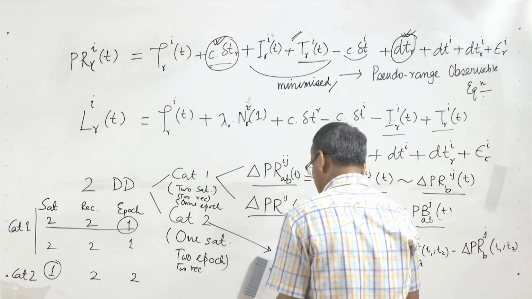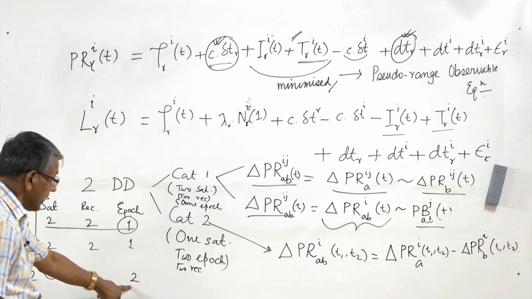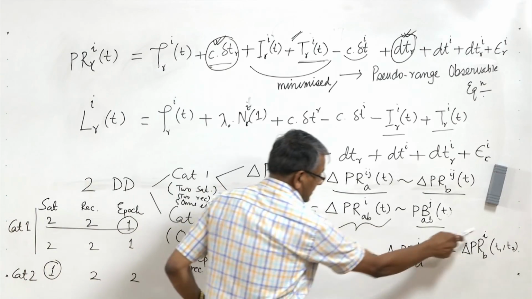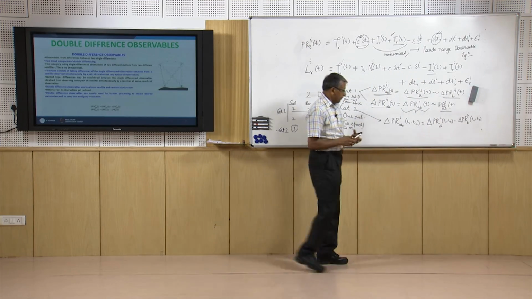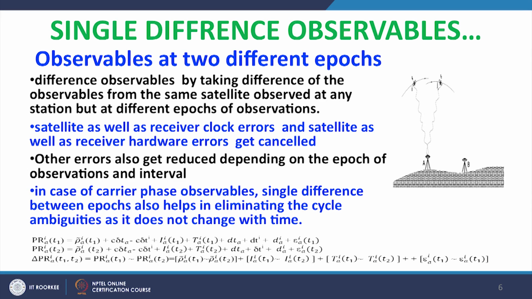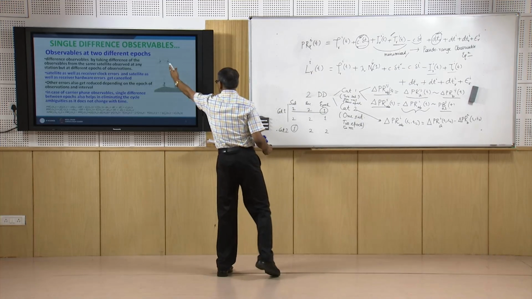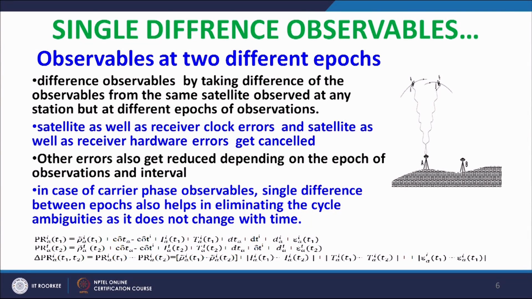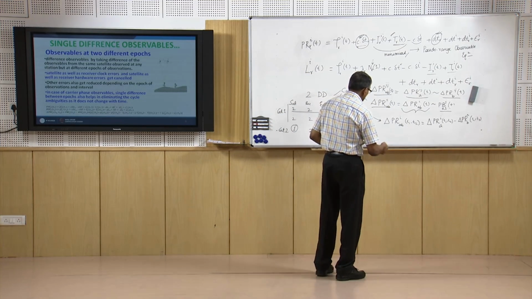So, single satellite, two receivers, two epochs. This is the first one, and then when I take it for the same instant, this will come here. The difference of these two will provide us the double difference.